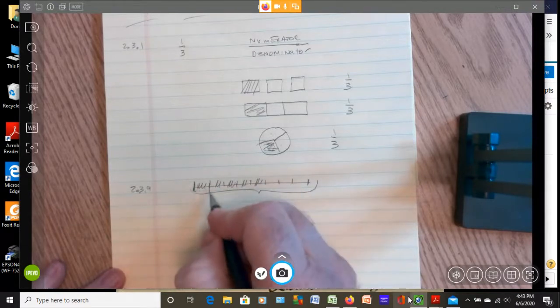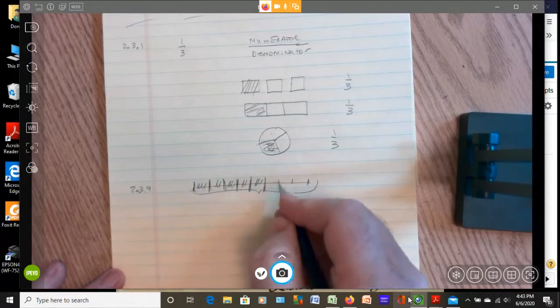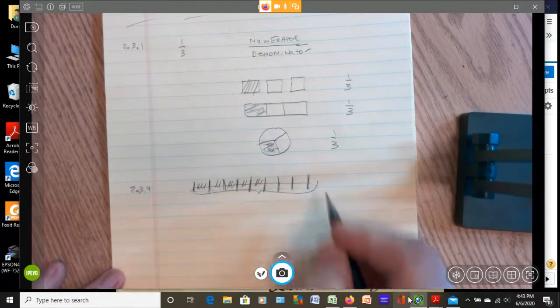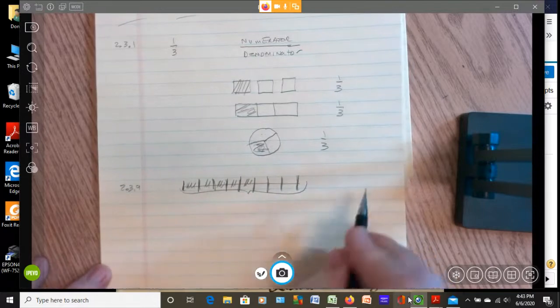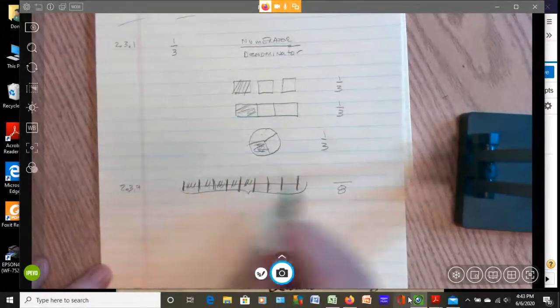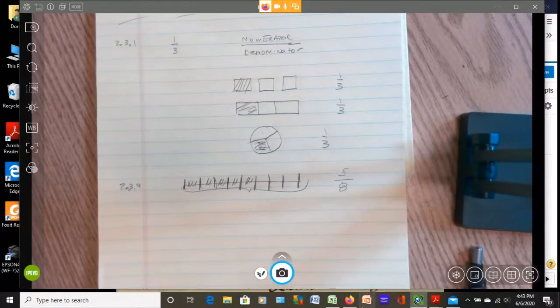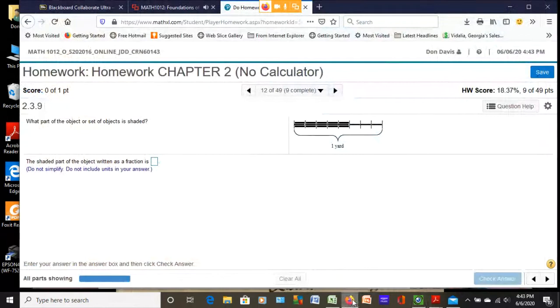Okay, so I still have these distinct groupings here. Altogether, I had 8, and 1, 2, 3, 4, 5 were shaded. So if I go back to Math XL, you count them with me again. 1, 2, 3, 4, 5.